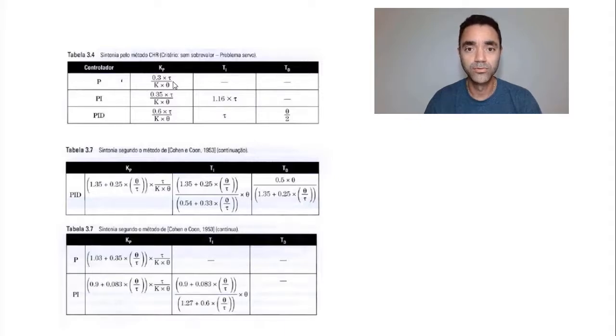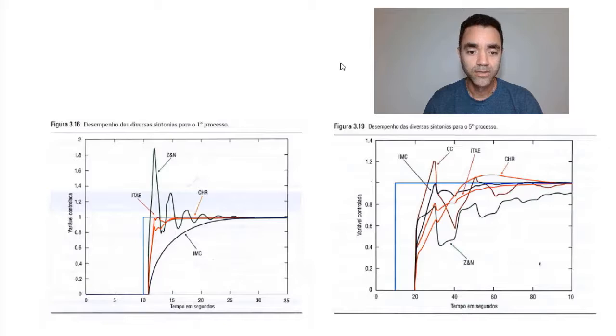Something to mention is that each method best fits depending on the process characteristics. Here you can see two graphs, with the same process conditions and the same disturbance produced in the process.